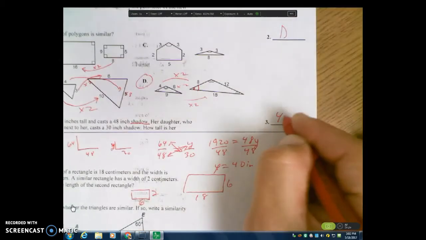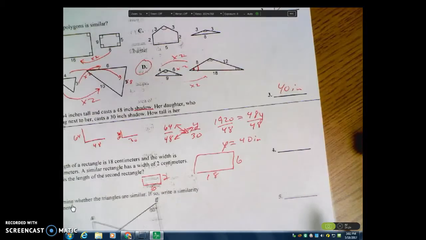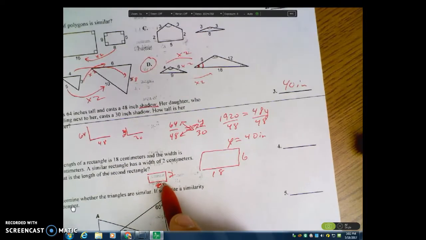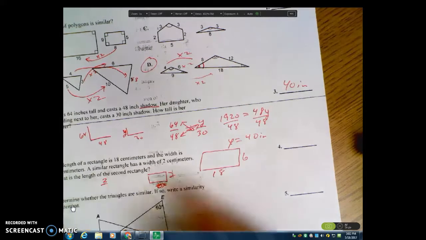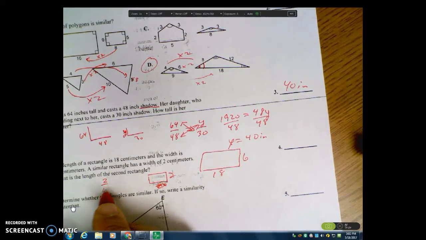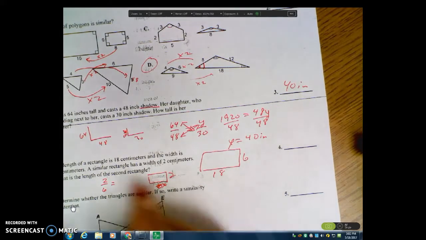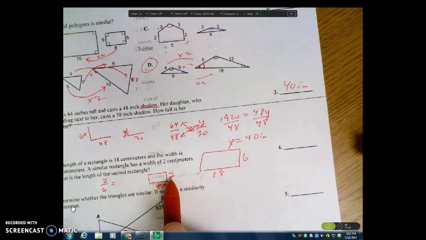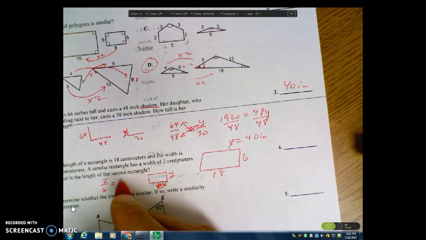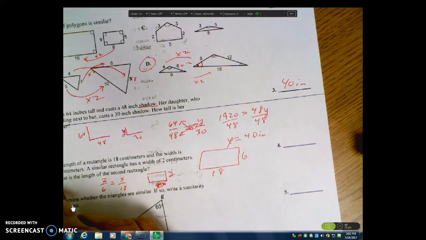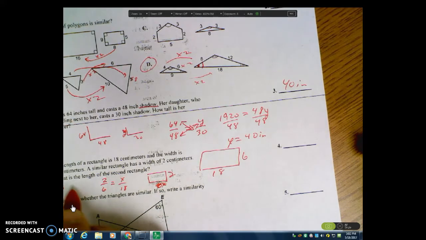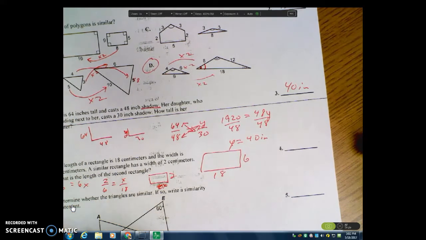Okay, let me put 40 inches here. Another way to set that up is again to use a proportion. We could say the width over the width equals the length. I started with this one, so I got to start here. The length is x over 18. And I can cross multiply, which is 36 equals 6x.